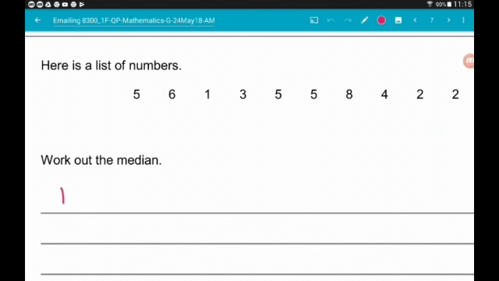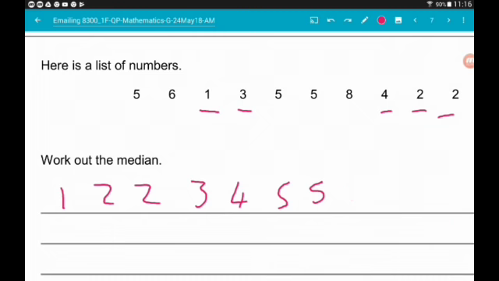So we got 1, we got 2 2s, we've got 1 3, we've got 1 4, we've got 3 5s, and well, we've got 1 6 and 1 8.